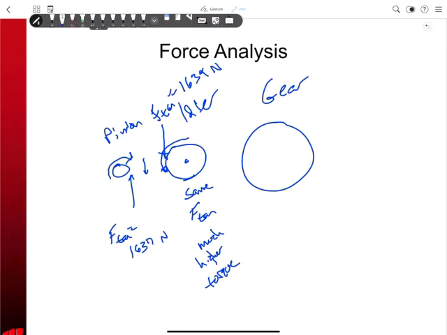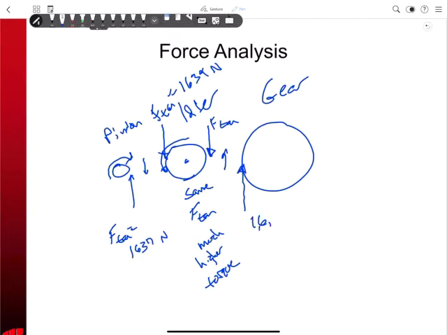Let's see, it's rotating this way, so that means on the driving side, it's got a force resisting its motion, right? That also has to be F tan. So these guys are moving up like this, which means there must be a force this way on that gear tooth there that also has to be 1637.